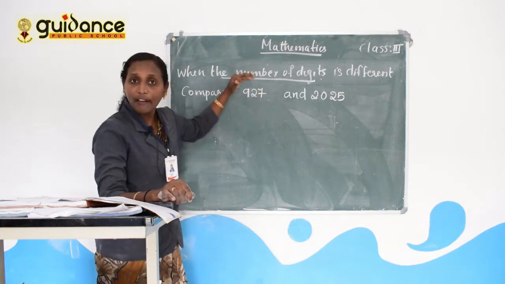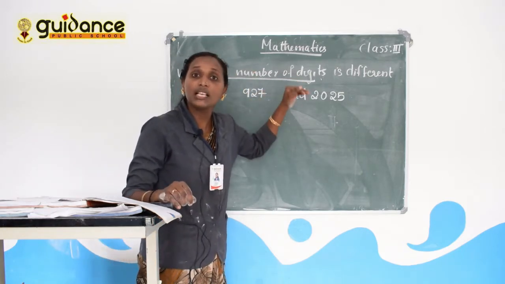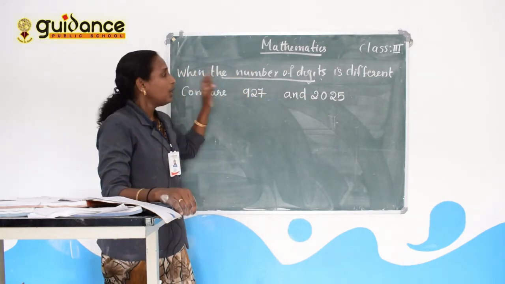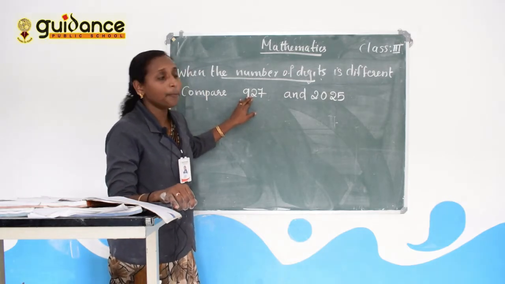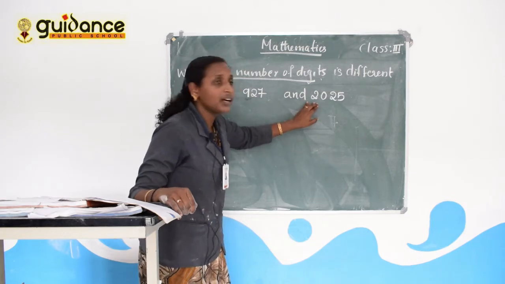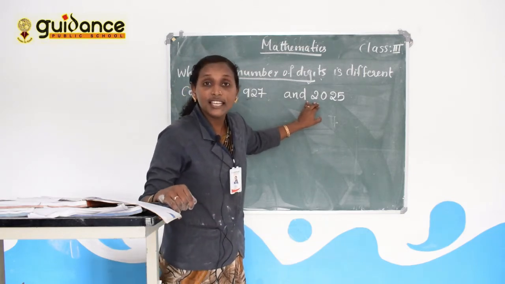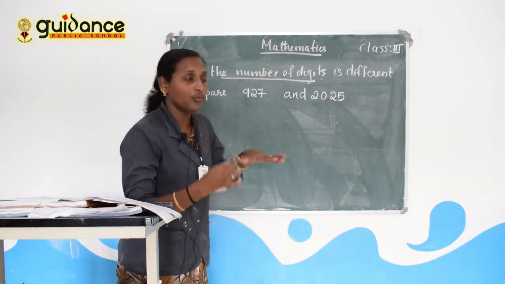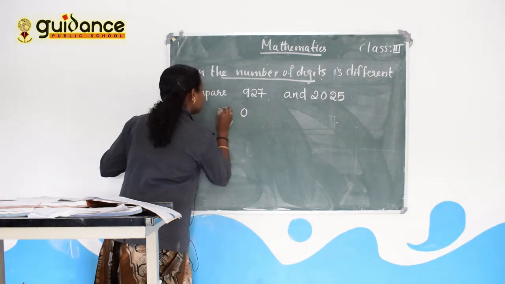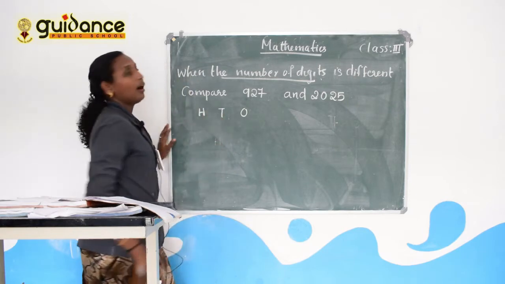First, we have to arrange the numbers in the place value form. Look at the first number. It is a 3-digit number. And look at the second number. It is a 4-digit number. So arrange the numbers in the place value form, that means ones, tens and hundreds.